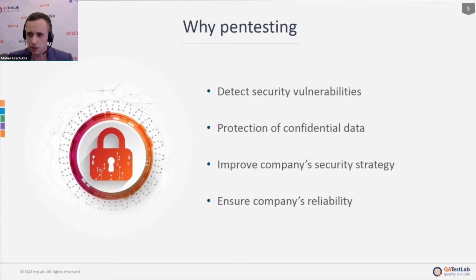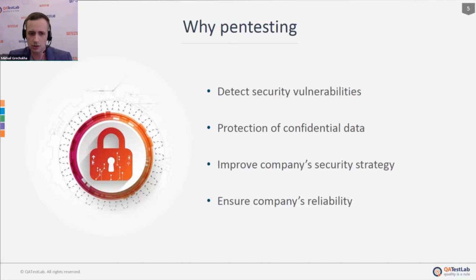It's software and hardware flaws, configuration loopholes, even human factors, system complexity, weak passwords, insecure user inputs, poor risk management, and so on. And pen testing is meant to detect issues and help to improve the security of the system.